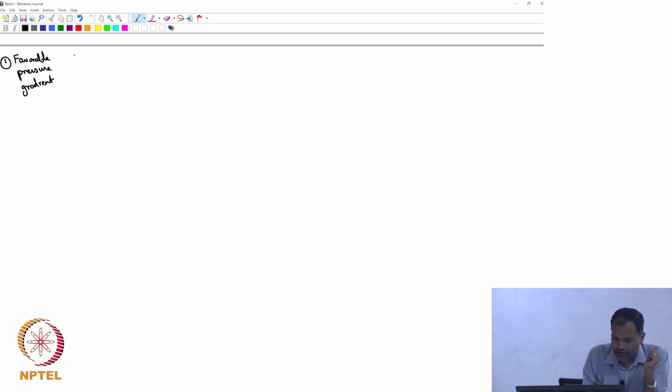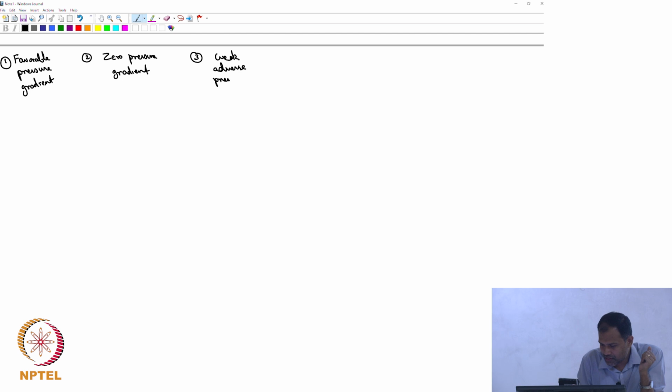So we have a favorable pressure gradient, second was zero pressure gradient, third one was weak adverse pressure gradient, fourth critical pressure gradient.